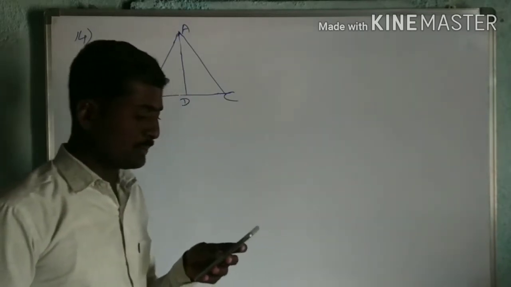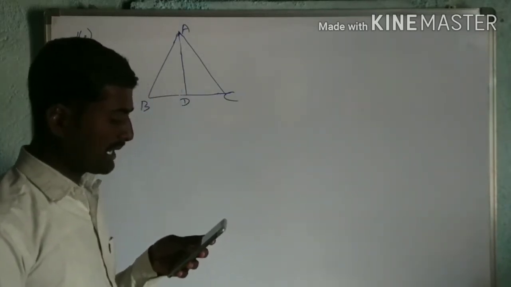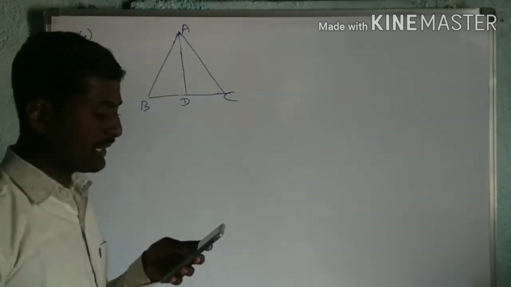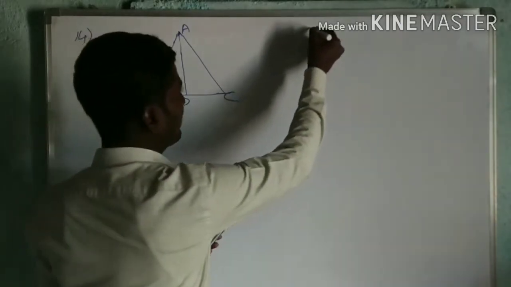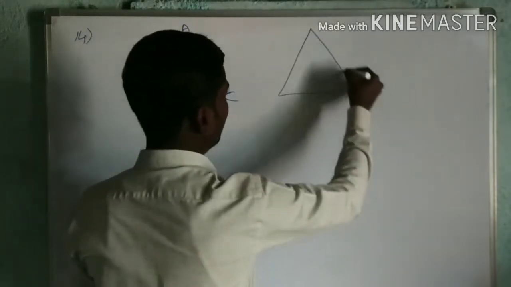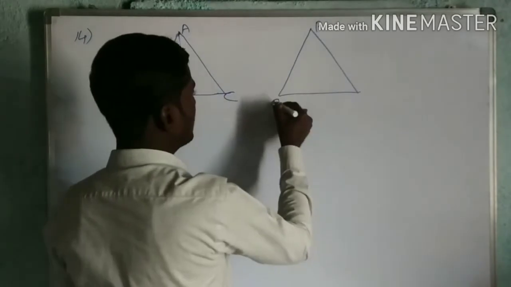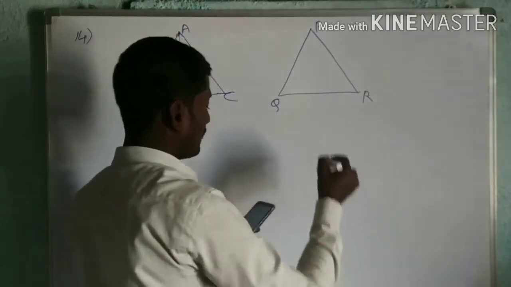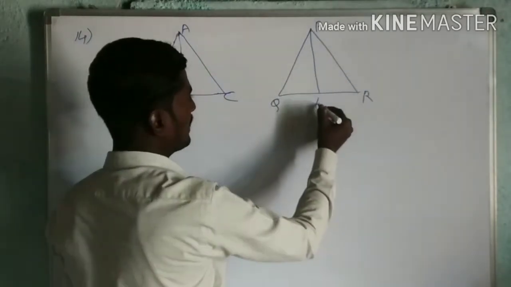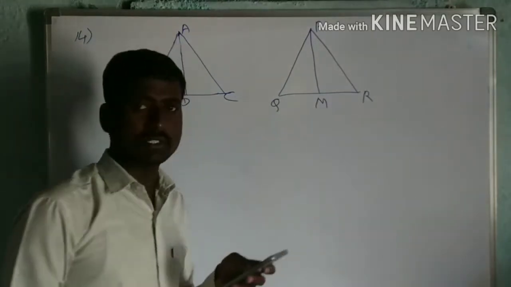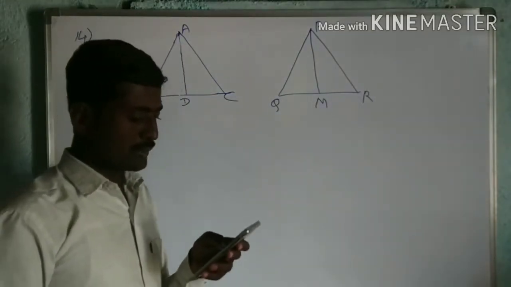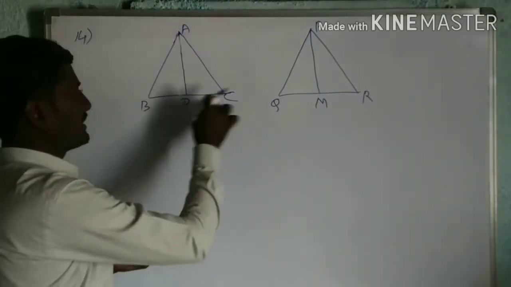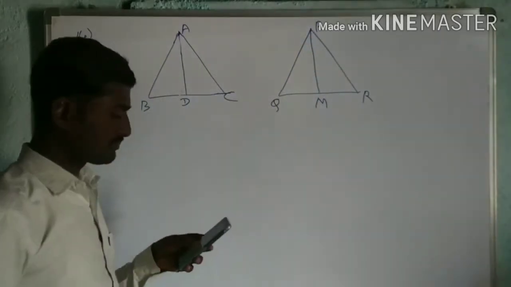Next, another triangle, proportional to the sides PQ and PR and median PM of another triangle PQR. I will take another triangle PQR. PM is the median here, meaning QM is equal to MR. Show that triangle ABC is similar to PQR.